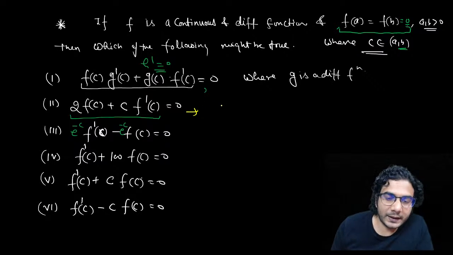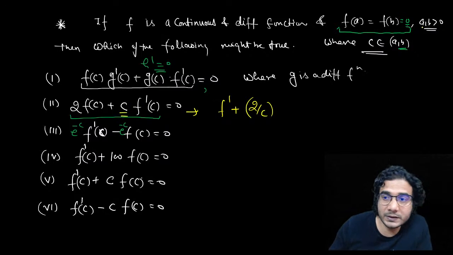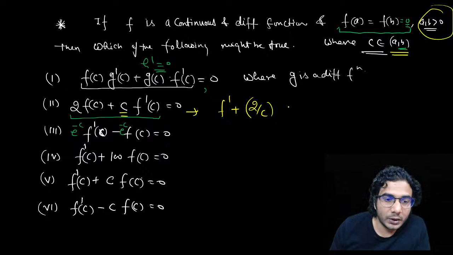So first write this equation in the form of f dash plus 2 upon c, dividing by c. Okay, c is not 0. Remember that. c lies in this interval, so you can divide by c. 2 by c into f of c, is equal to 0.